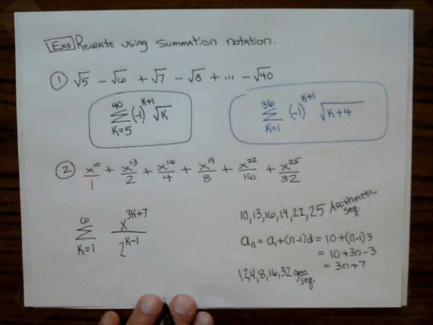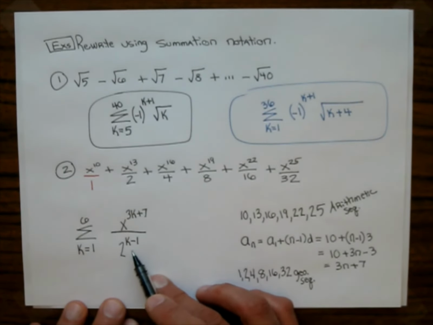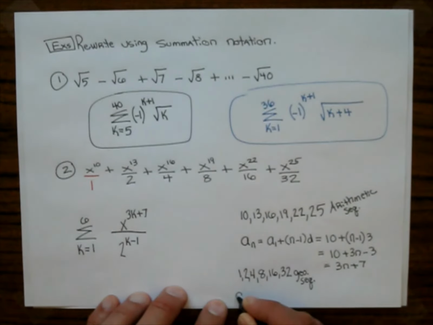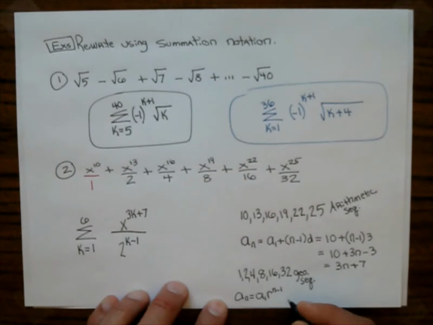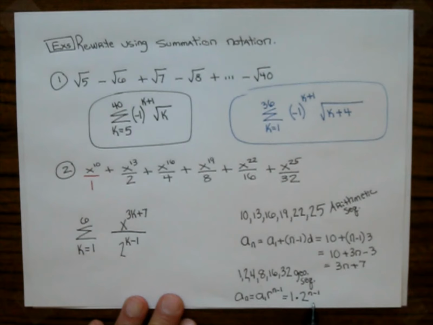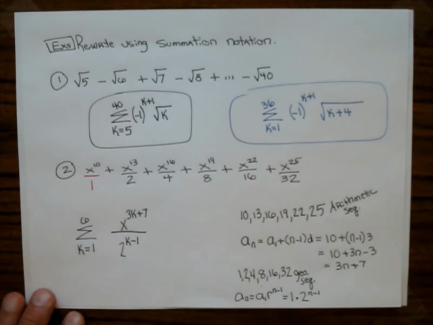If you didn't like how I tweaked that to get the answer, you could look up the formula for the geometric series, which I believe is a1 r to the n minus 1. a1 is 1 in this example, and r is 2 because you're multiplying by 2 to get each term. So this is really 2 to the n minus 1, or 2 to the k minus 1.